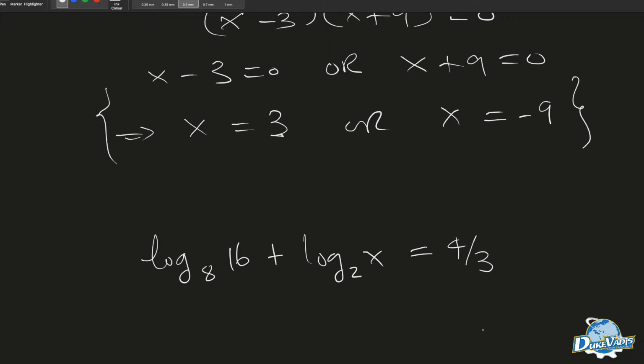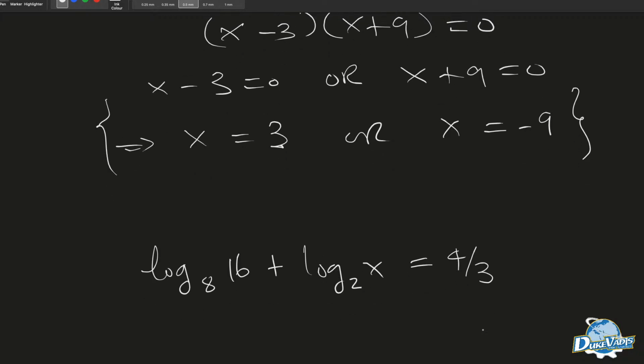And we should solve the question. If you look at 8 and 16, it's very interesting because over here we have base 2. So that helped me to think of changing log base 8 of 16 to something else.